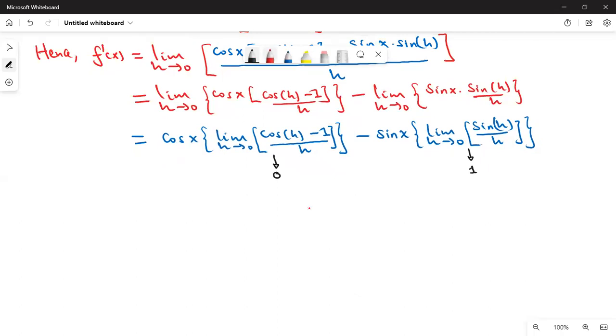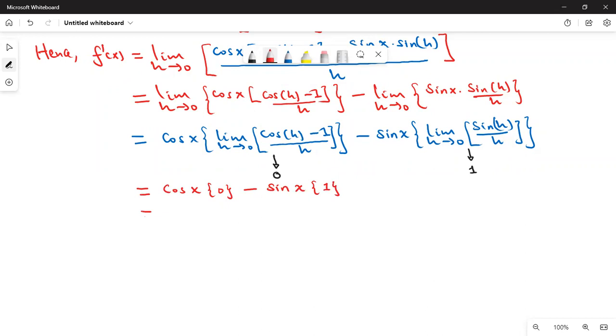So that what we have here is that f prime of x is cosine of x times 0 minus sine of x times 1.